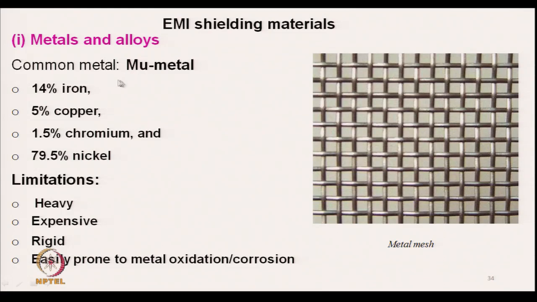A common one is mu metal, which is basically a nickel iron alloy, but the main problem with these metals is that they are heavy, expensive, rigid, and prone to oxidation or corrosion. So, these are the problems, but still we can use these metals and alloys.